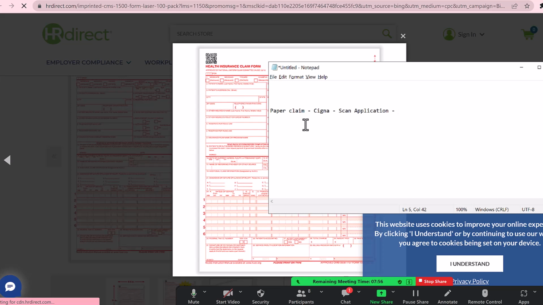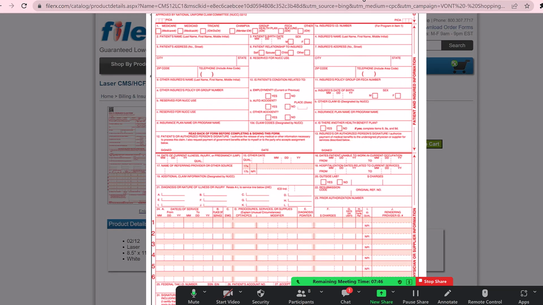The scanning application has to pick whatever is there in that PDF, for example first name, last name, the ID, or we can say all the diagnosis codes, all the fields. It has to pick up everything.